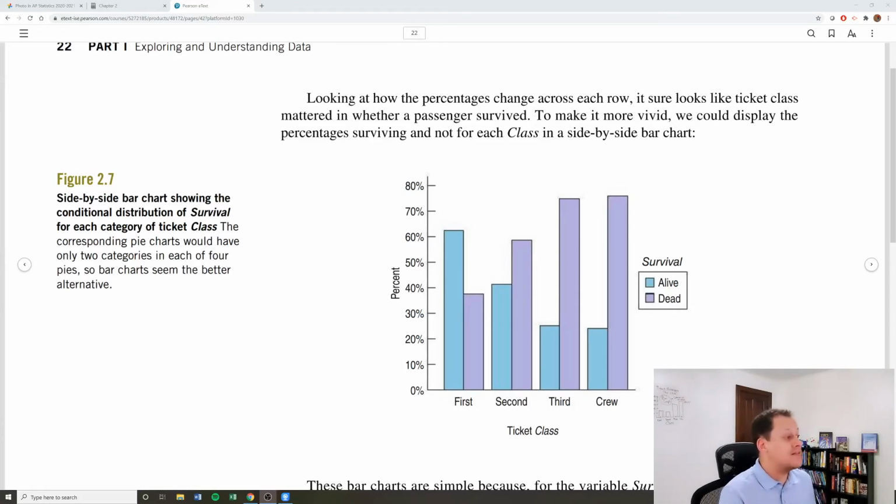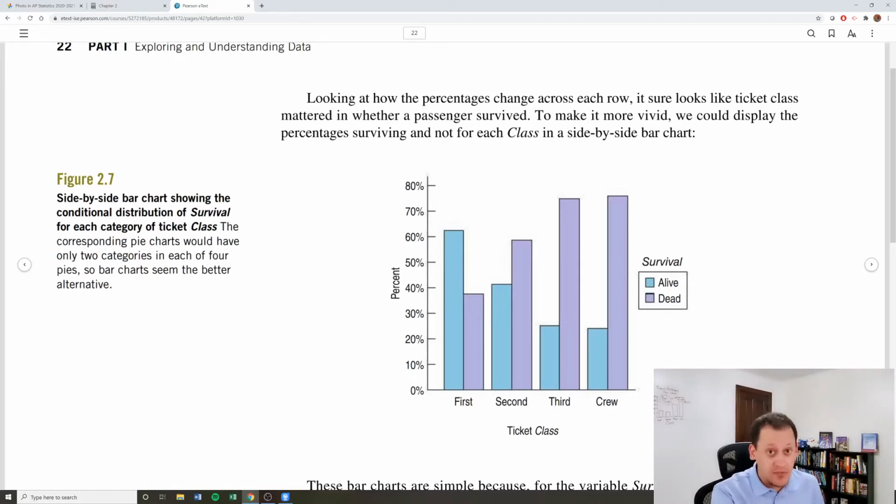So we have the same Titanic passenger data that we were dealing with earlier. But here, now, you can see that we are looking at how many people survived, how many people were alive at the end of the Titanic's journey, and how many people died from each class. So you can see from first class, over 60% of the people in first class lived.